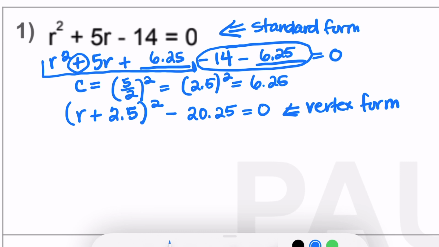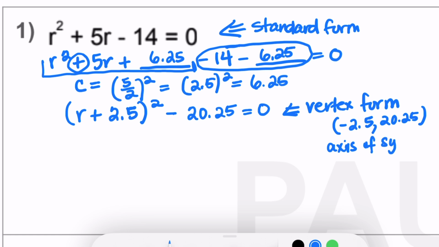So you have gone from standard form to vertex form, which your vertex is, it would be negative 2.5 and 20.25. And then your axis of symmetry would be r is equal to negative 2.5. Okay, but let's keep going.